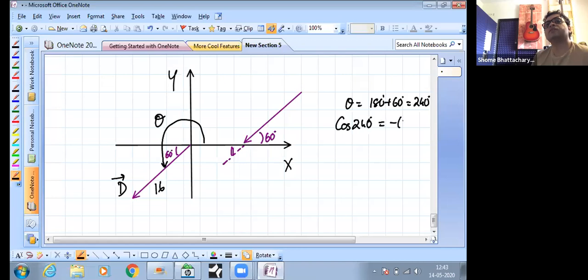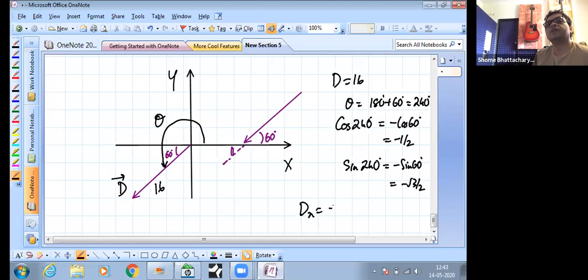So cos theta will become minus cos 60, that's minus half. And sin theta will become minus sin 60, that is minus root 3 by 2. And the magnitude of D was 16. So your x component will become 16 into minus half, that is minus 8.